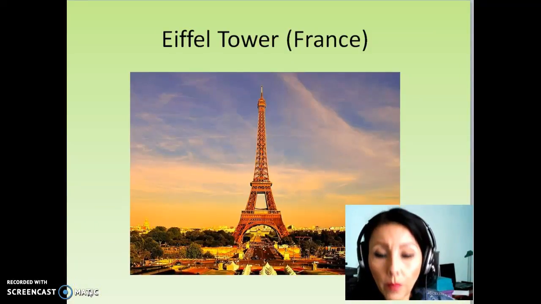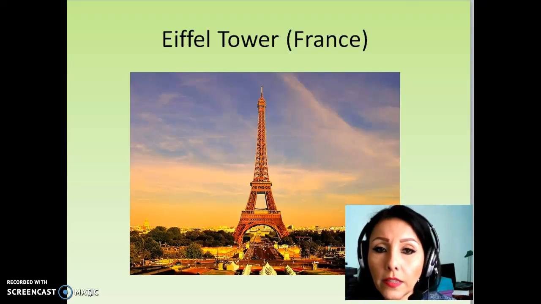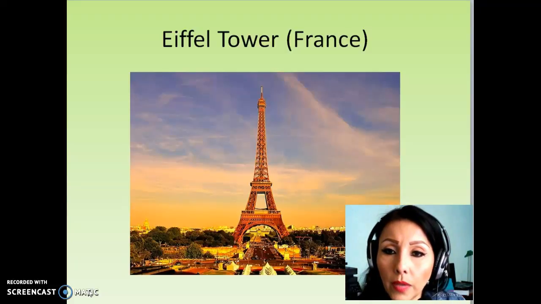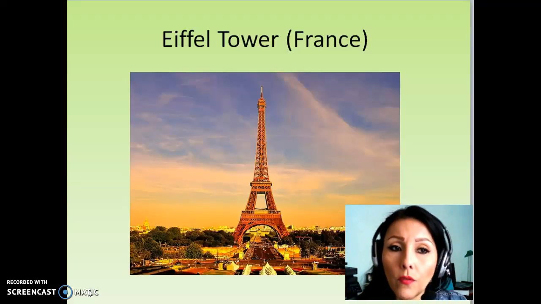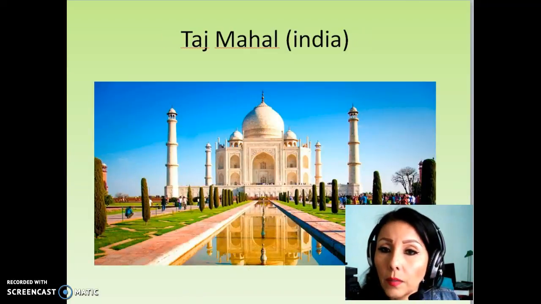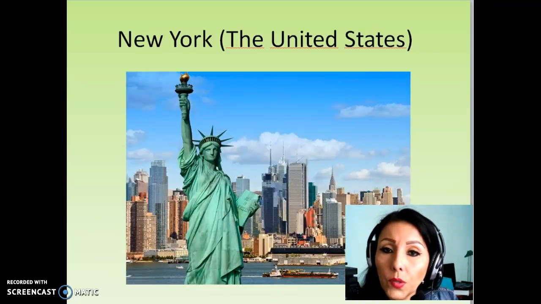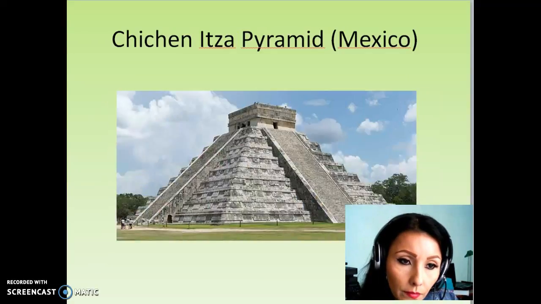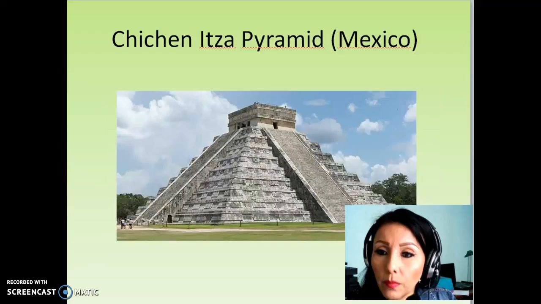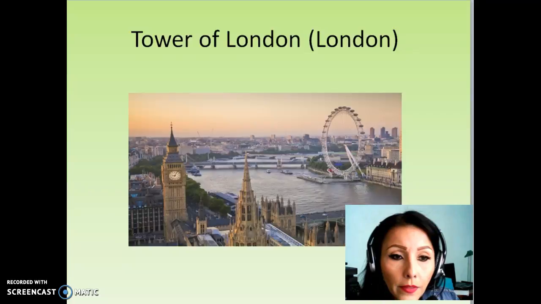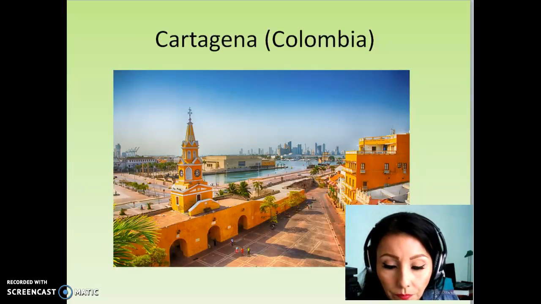Okay, the warm-up is for about 5 minutes. The idea is to show students different pictures related to places or countries around the world. For example, I'm going to show them the Eiffel Tower in France, the Taj Mahal in India, New York in the United States, the Great Wall in China, the Chichen Itza Pyramid in Mexico, the Tower of London in London, and finally Cartagena, Colombia.